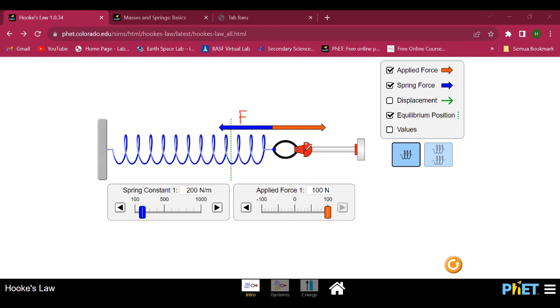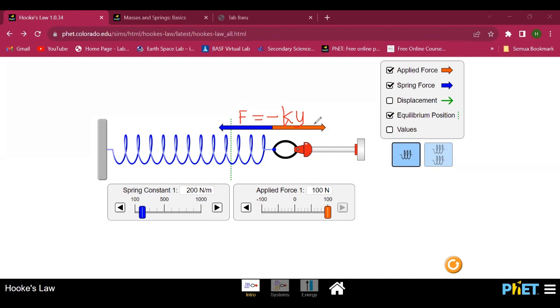Now, how do we calculate the restoring force? Through this formula: negative k times y. Why negative k? Because the direction is always opposite to your direction. When you pull, this direction is opposite to your pull force.